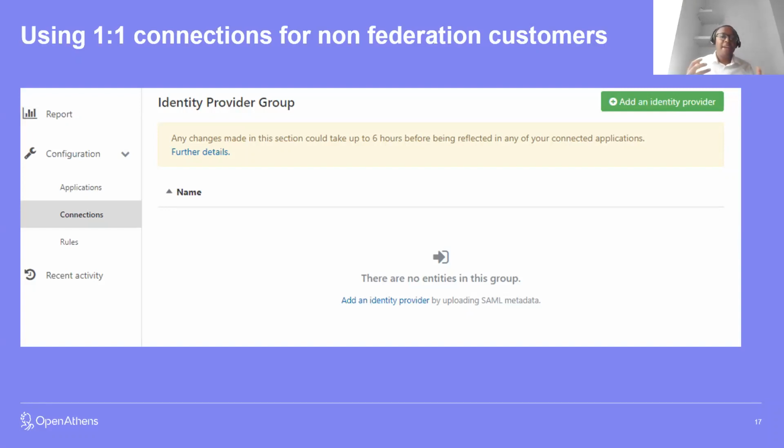Because federations tend to be for universities, but when it comes to corporate clients who aren't in federations, it's worth knowing for yourselves that as long as there's Microsoft, Google, Ping, or anything that's SAML based like Okta, you can create one-to-one connections with these corporate clients.